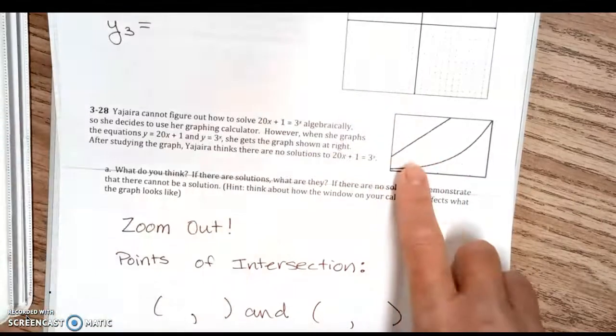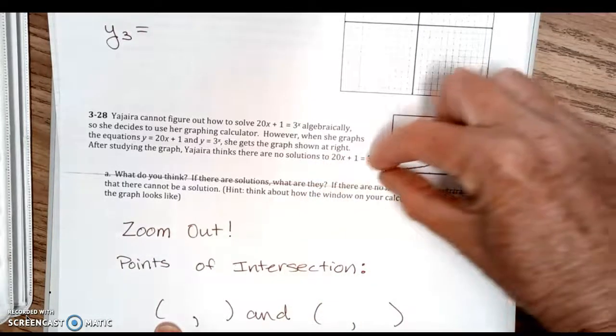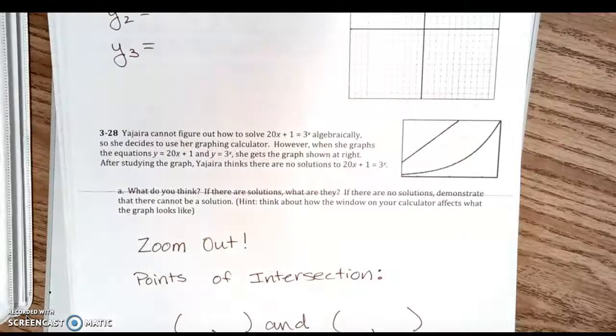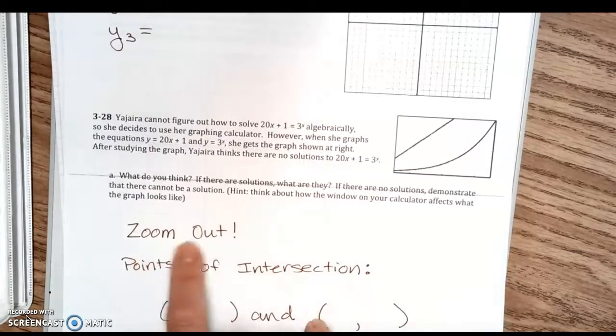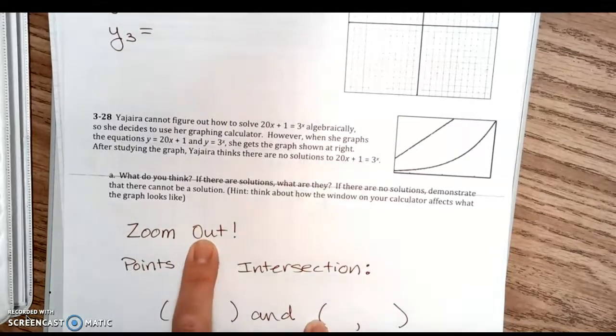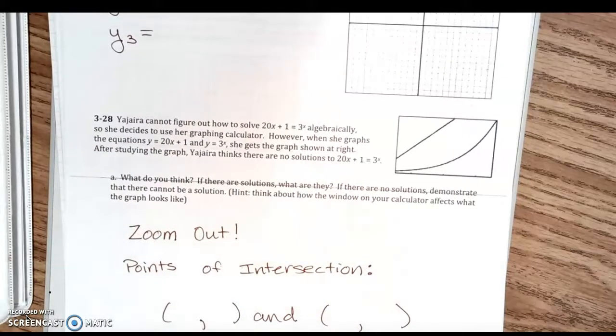So don't you want to see what's going to happen like right here? Right? What do you think is going to happen over here? It's likely that that's where they're going to be intersecting or crossing, okay? So write down that Yahaira should zoom out or pick up her graph and move it.